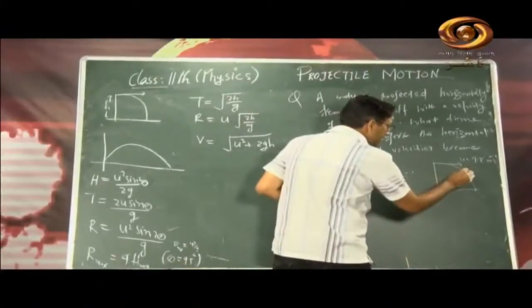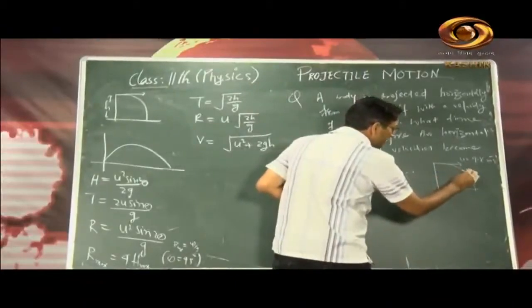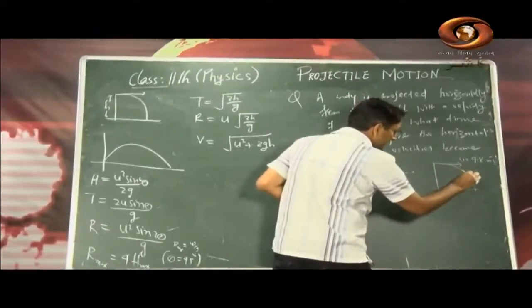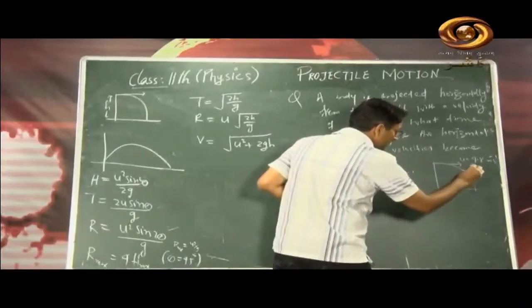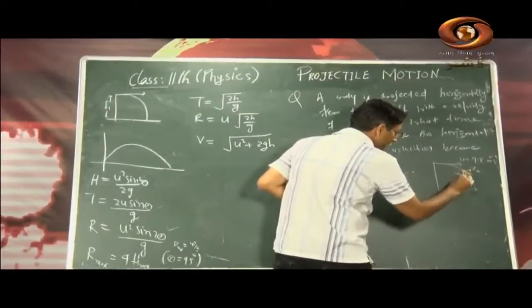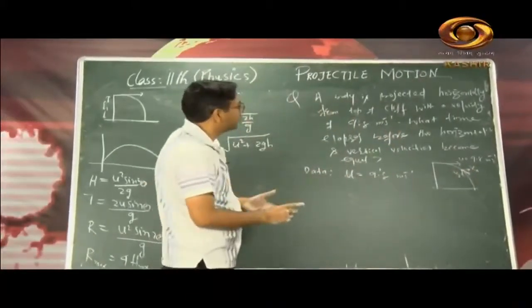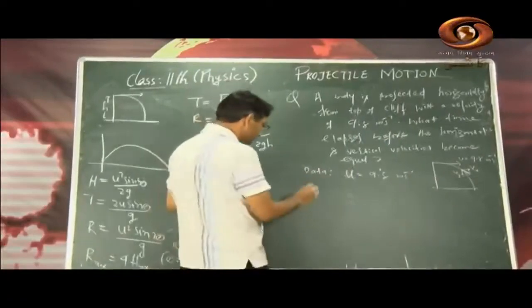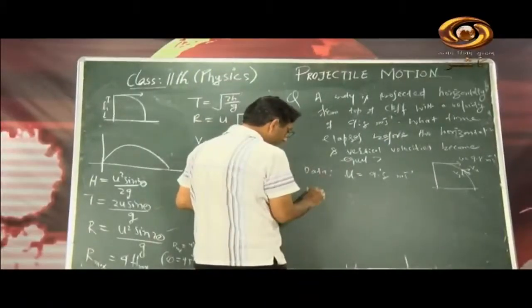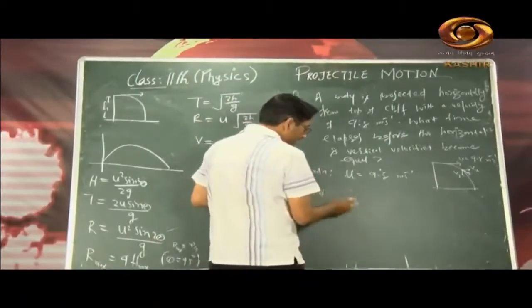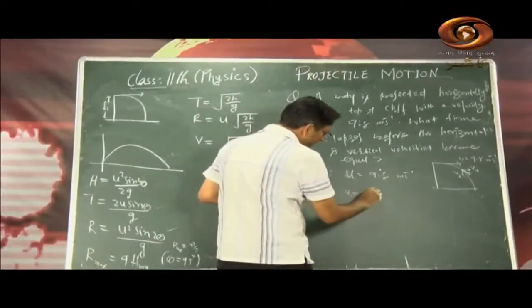If at some place the velocity is v, suppose this is its tangent, this is the vertical component and this is the horizontal component Vx, this vertical component Vy. We have been told at what time these two will become equal. I will show you the proof. We know that v is equal to u plus at.